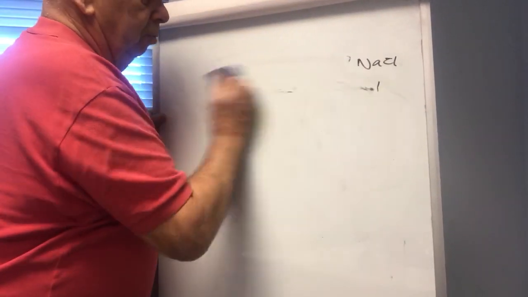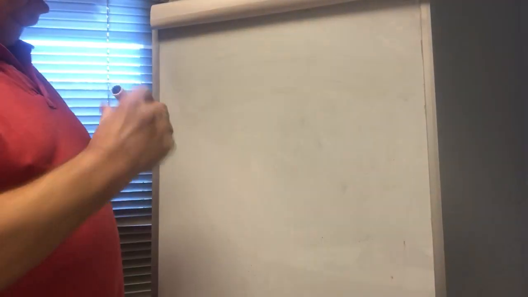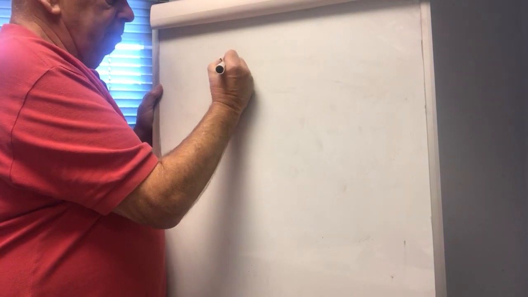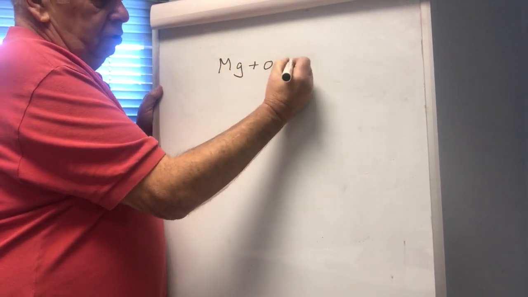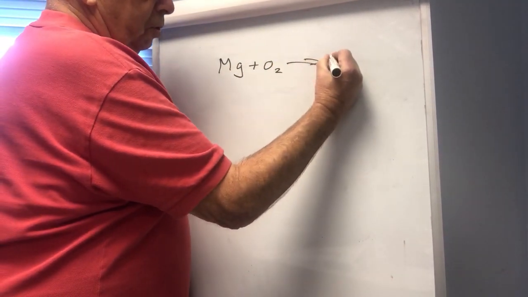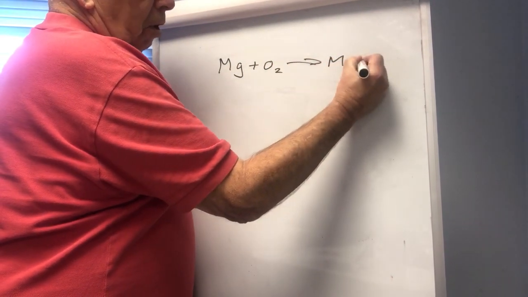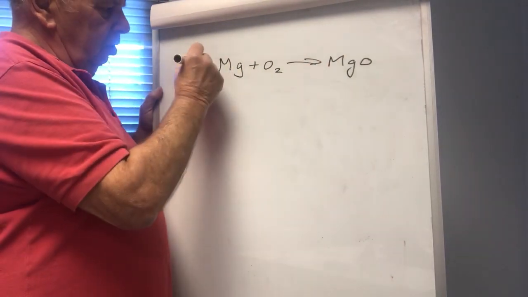Another example. Let's take magnesium, Mg, being burnt in oxygen to produce magnesium oxide. I'll balance it up.